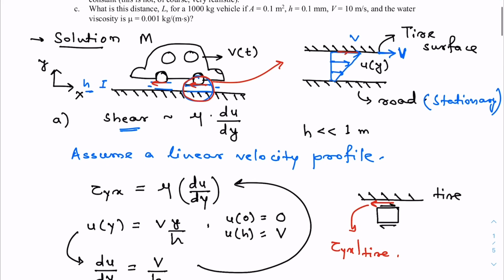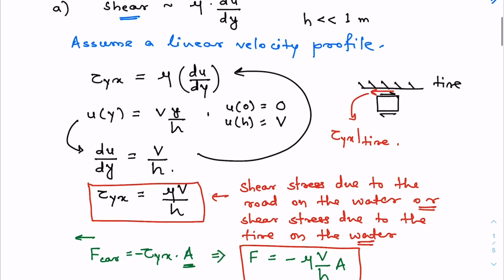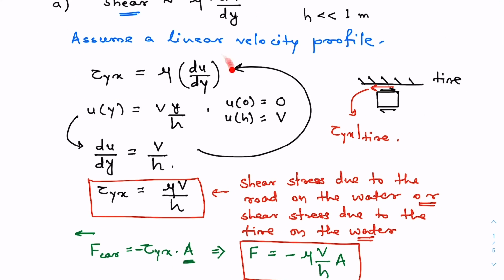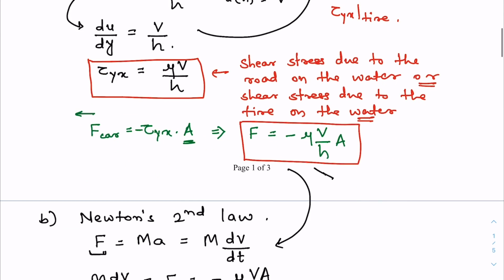To find the force that is decelerating the vehicle, it is nothing but the viscous shear acting on the tires due to the gradient in the velocity in these small fluid films, and the shear stress depends on the viscosity times the velocity gradient. If we multiply the shear stress by the area, we find the force that is trying to slow down the car.